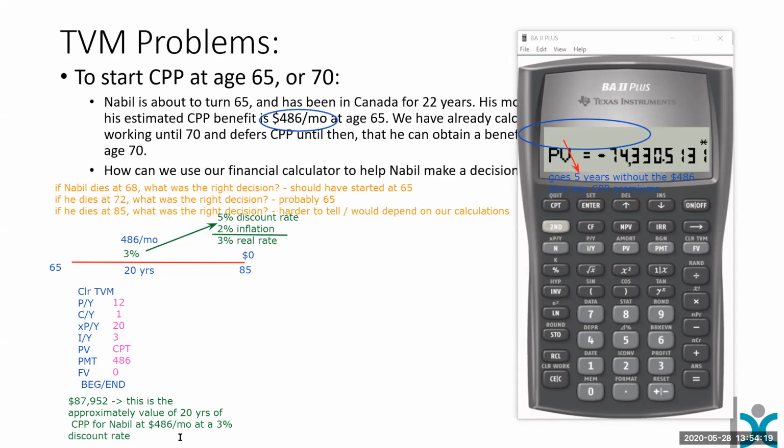So at a 5% discount rate, it's only worth $74,331. Okay, is everybody with me there?